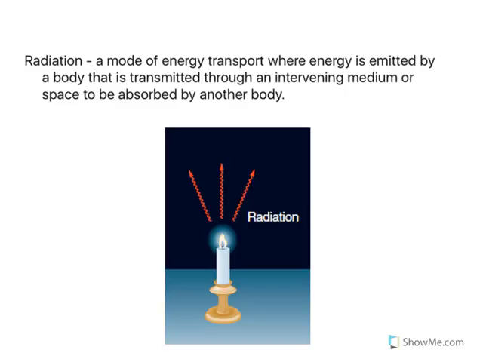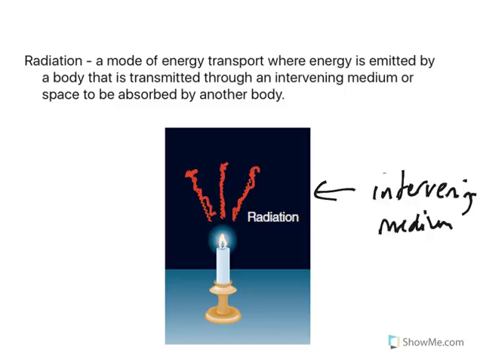It is generating energy, which you see as these red squiggly lines, and the energy is being transported away from the body through the intervening medium, which in this case is the air around the candle.